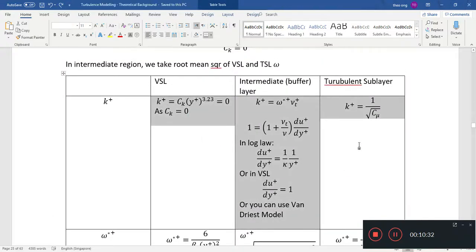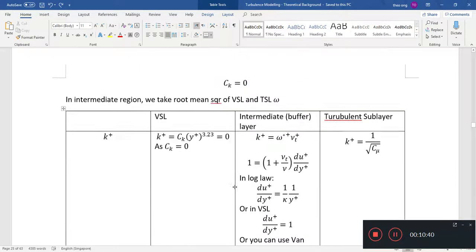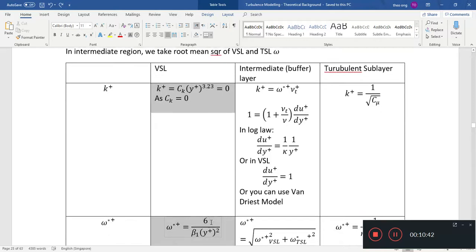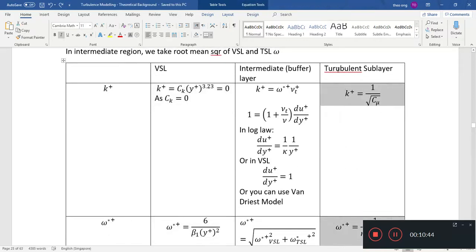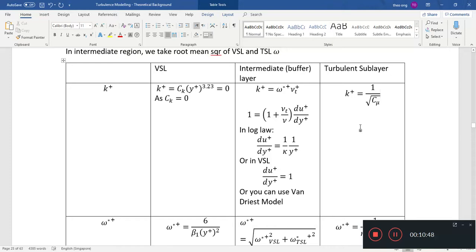How are we going to get these functions? We just look at the table here, in the viscous sublayer and the turbulent sublayer, and do that accordingly.